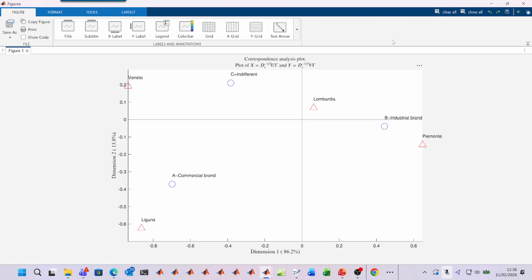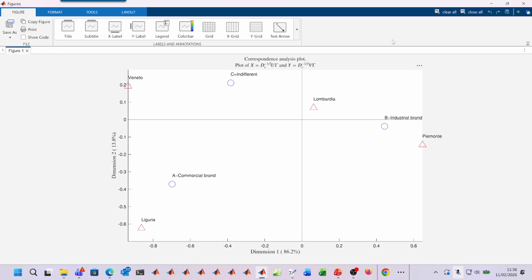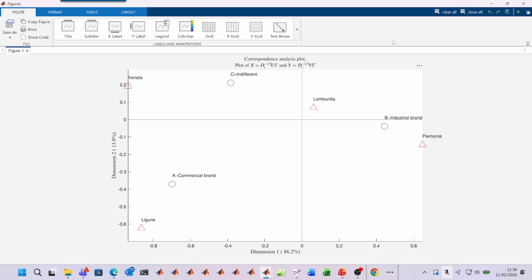I hope that there is no one from Liguria, but on the other hand, people of Lombardia or Piemonte are well known to want to show off, to be in fashion, to buy the most expensive things because they think that you are much better treated if you have the most expensive products. And these 2 regions, Lombardia and Piemonte, buy the industrial brand.